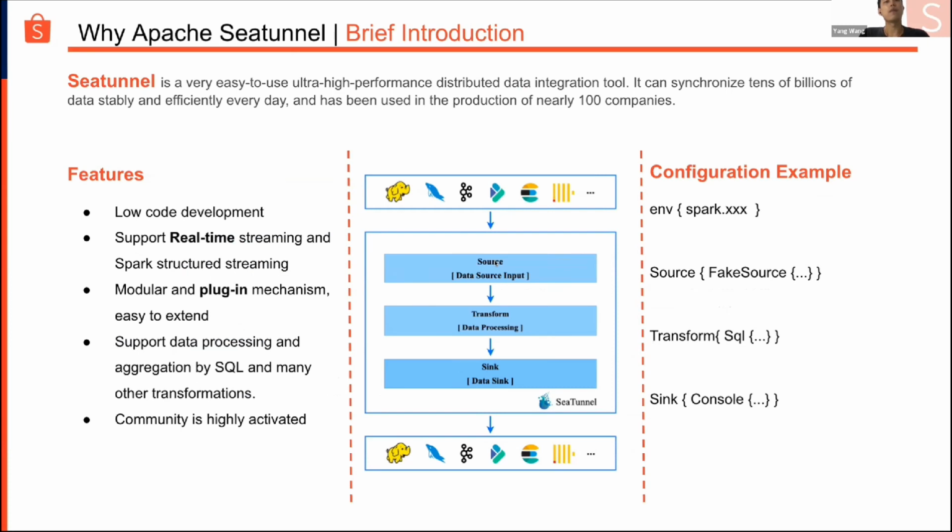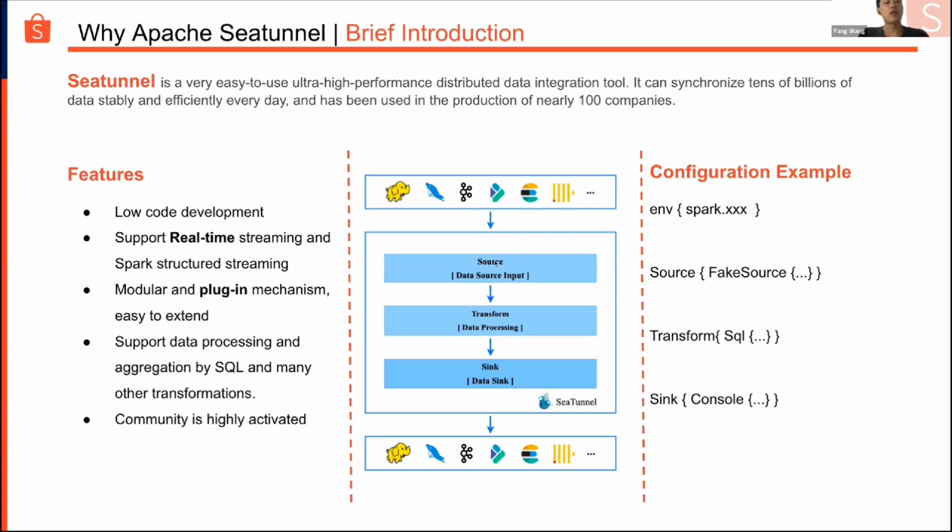That's one of the main reasons we chose it, and we really need it. And besides, it's easy to edit configuration and run the job out of the box. It supports the Spark or Flink engine, and the connectors can be added and updated. Moreover, the community is currently highly active.